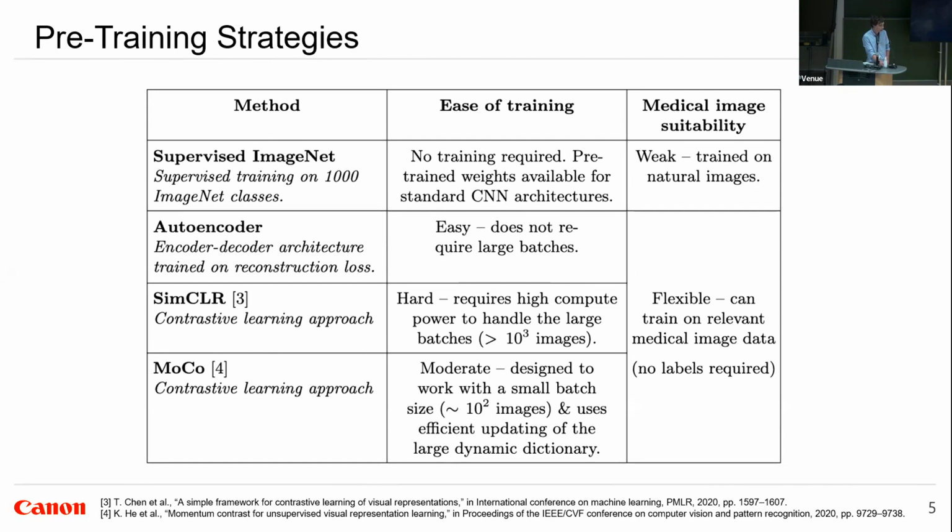And this method can be used for pre-training on medical images. They all do not require labels. As I said, we didn't actually consider SimCLR in the end because we train on a single GPU, so the batch required was too large.